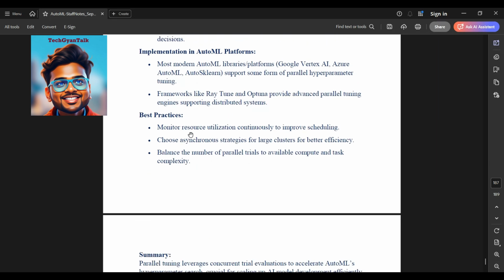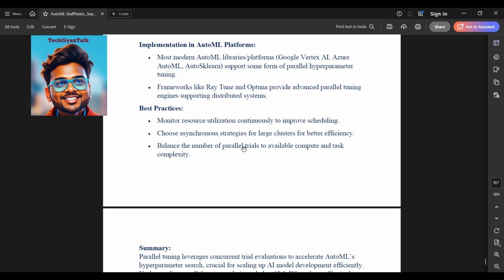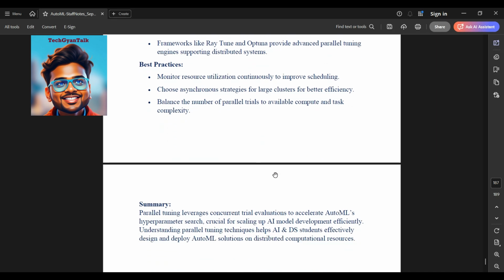are to monitor resource utilization and continuously improve scheduling. Choose asynchronous strategies for large clusters for better efficiency. Balance the number of parallel trials to available compute and task complexity.